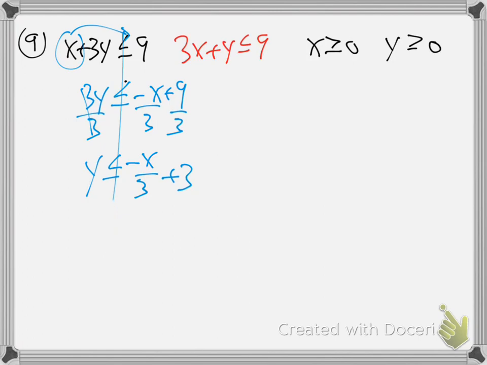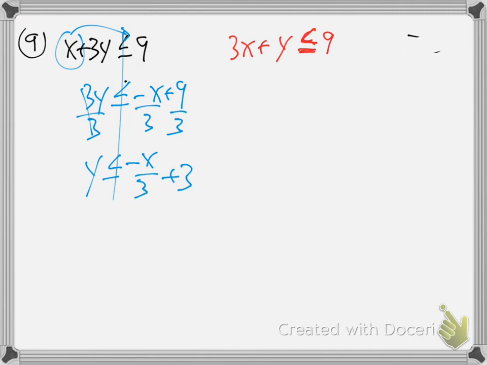Now go to the red one. And I'm going to have to move this over, aren't I? 3x plus y less than or equal to 9. So solve the next one.